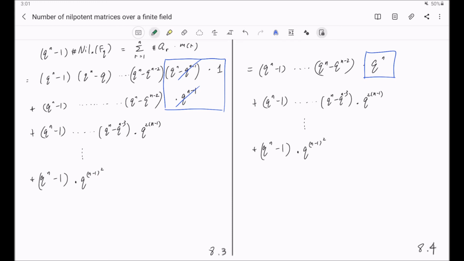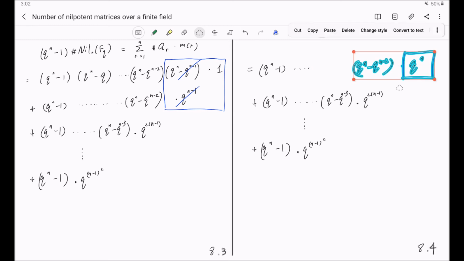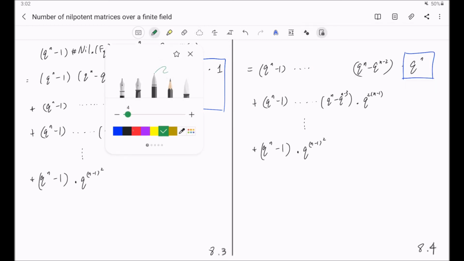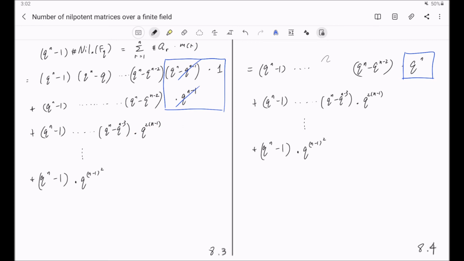Next, you're going to look at the sum of the first two terms and the third term. In particular, you're going to look at this part and this part. So what do you see? If you still don't see it, let me move this term to the right a little bit. So the term before it will be q raised to the power n minus q raised to the power n minus 3.